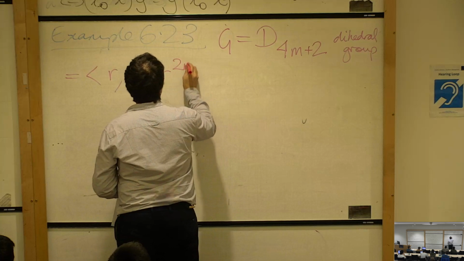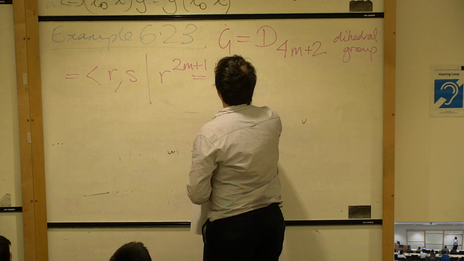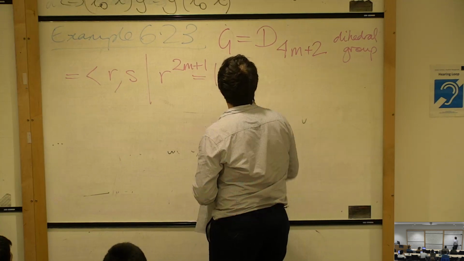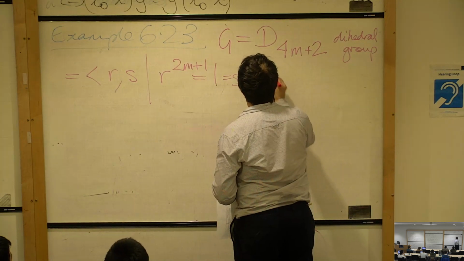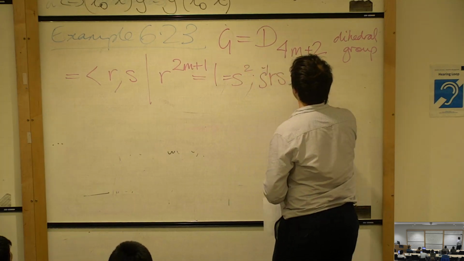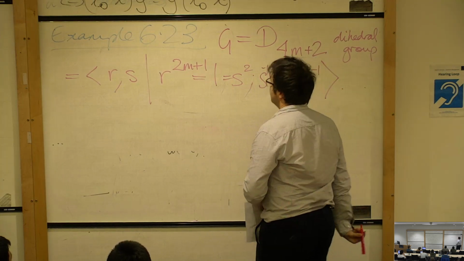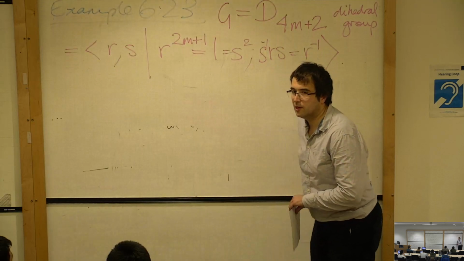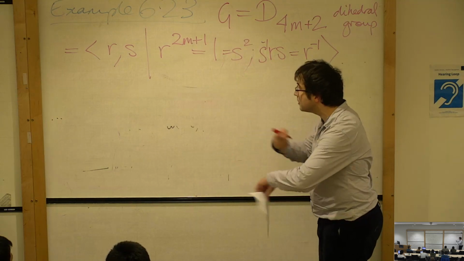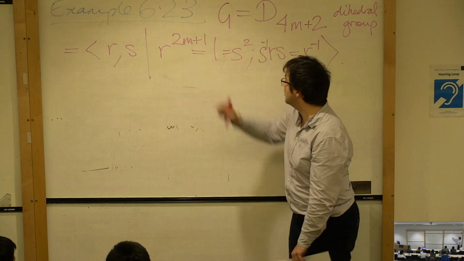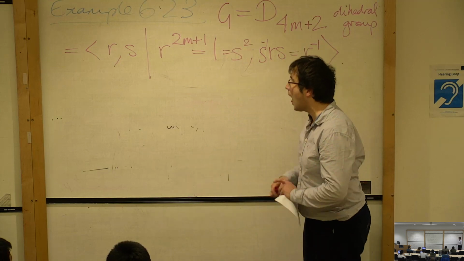The rotation has order precisely 2m plus 1. The reflection has order 2. And furthermore, if you take the rotation and conjugate it by your reflection, you will get the inverse rotation. That's your presentation for the dihedral group. So the conjugation action of S on the normal subgroup is a non-trivial automorphism on this cyclic subgroup of order 2m plus 1, given by negation if you identify your cyclic subgroup with Z modulo 2m plus 1.